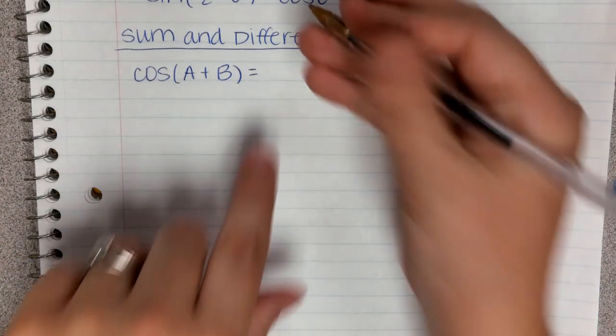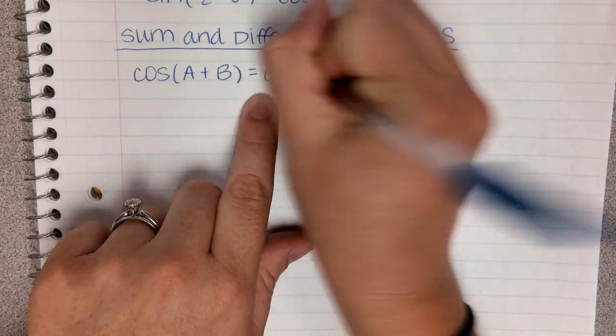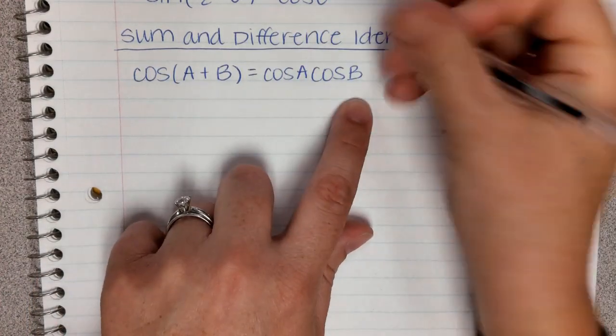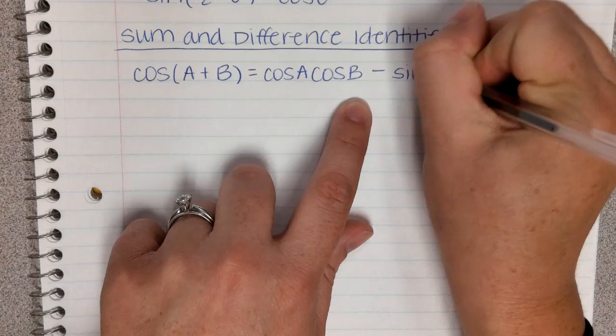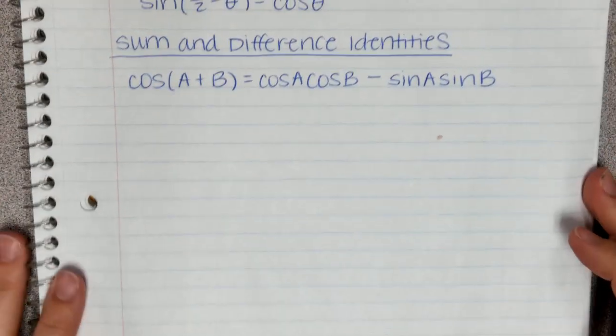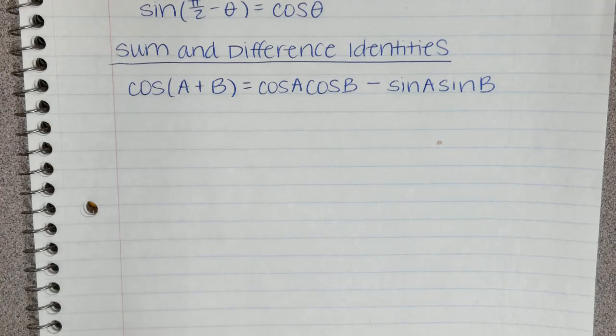What this is equivalent to is the cosine of angle A times the cosine of angle B minus the sine of angle A times the sine of angle B. Please be very careful when you copy this down. So the cosine of A plus B equals cos A cos B minus sine A sine B.